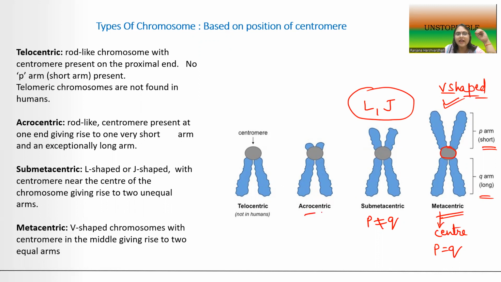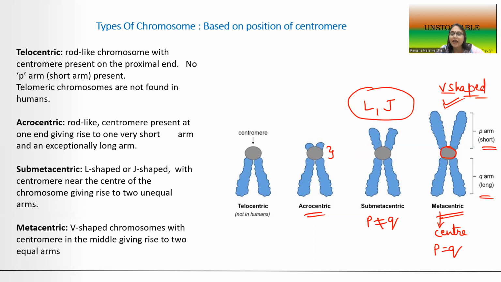And then you have the acrocentric chromosome, where the centromere is almost at one end of the chromosome, such that one arm is very big compared to the other arm. That is, the Q arm becomes very, very big as compared to the P arm. There is a lot of difference between the lengths of the P and Q arms. Such a chromosome is called acrocentric. We don't find them in our body.